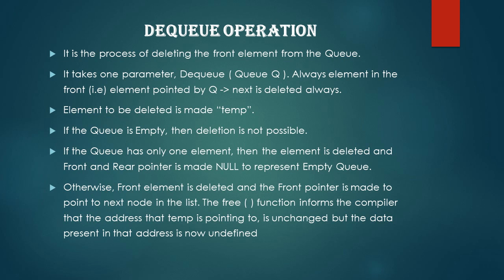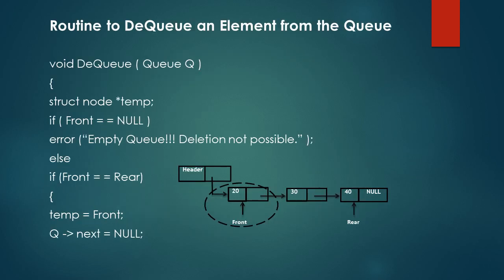Otherwise, the front element is deleted and the front pointer is made to point to the next node in the list. The free operation informs the compiler that the address temp is pointing to is unchanged, but the data present in that address is now undefined.